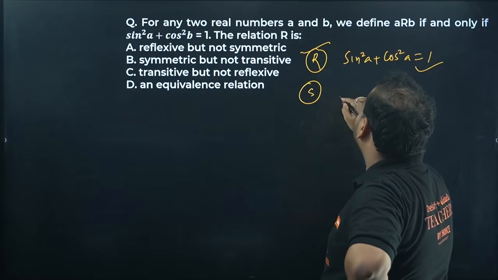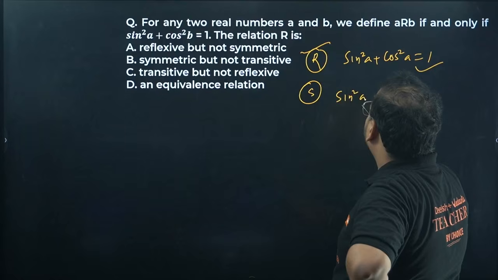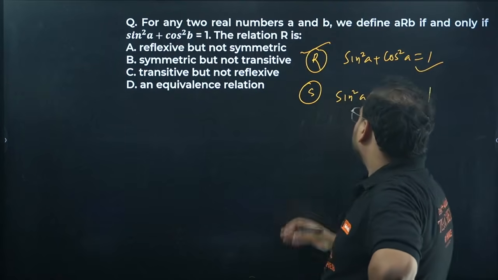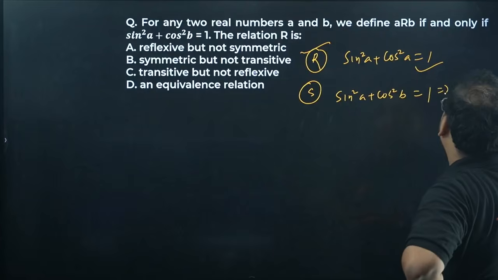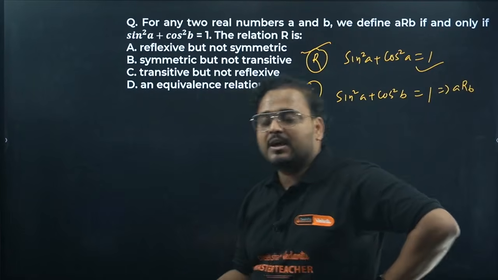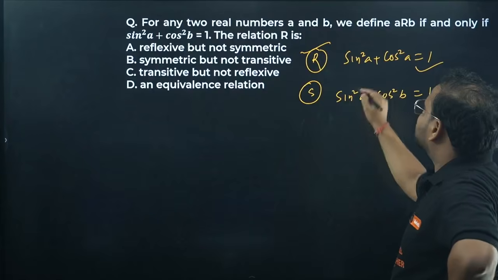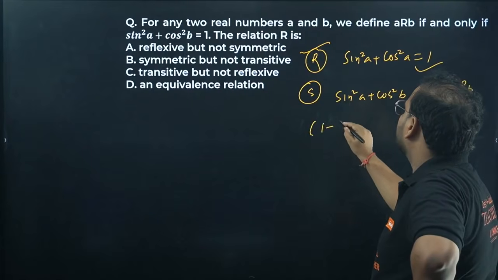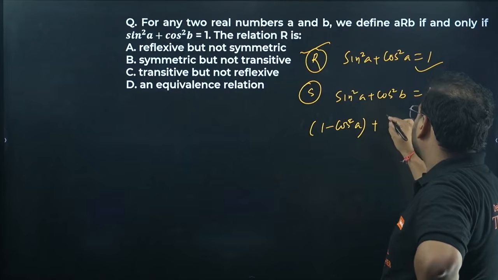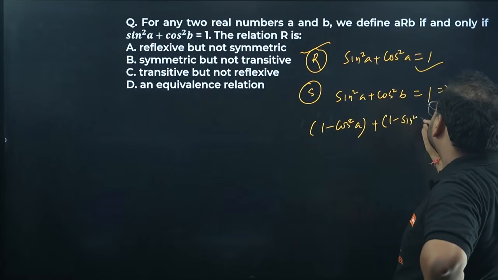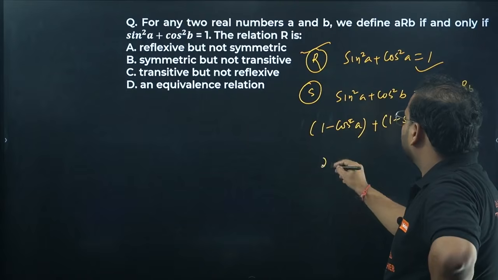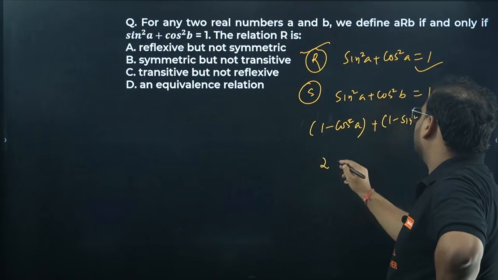Symmetric, of course. If you have sin square A plus cos square B equals 1 from ARB, let's look for BRA now. Sin square A as 1 minus cos square A, plus cos square B as 1 minus sin square B equals 1. 1 plus 1 will become 2, and here minus cos square A minus sin square B, you can take common.